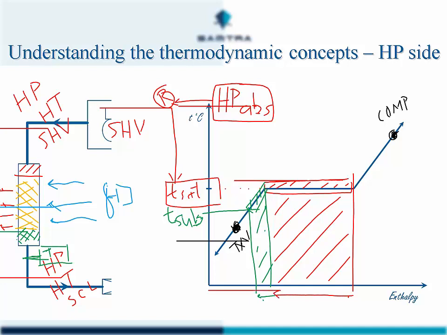So the latent heat energy transfer is increased with sensible heat energy transfer, and that would be the total heat energy we reject. The total heat energy rejected in the condenser. And that heat energy will be carried away by the cooling medium, whether it's cooling water or cooling air.